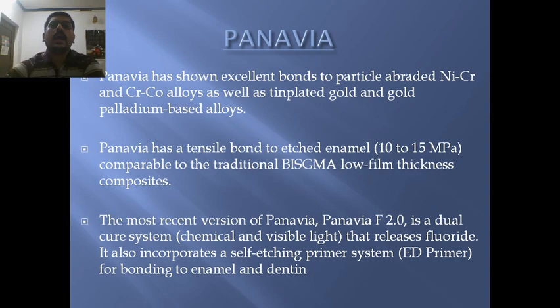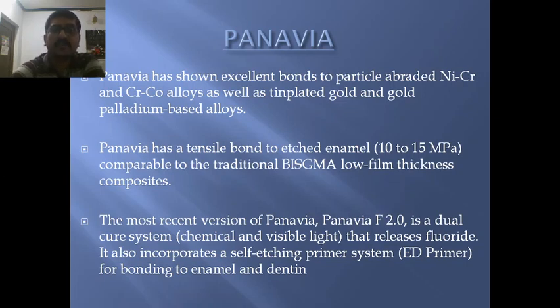Another system is Panavia. It has shown excellent bond to particle abraded nickel chromium and chromium cobalt alloys, as well as tin plated gold and gold palladium based alloys. It has a tensile bond to etched enamel comparable to the traditional bis-GMA low film thickness composites.